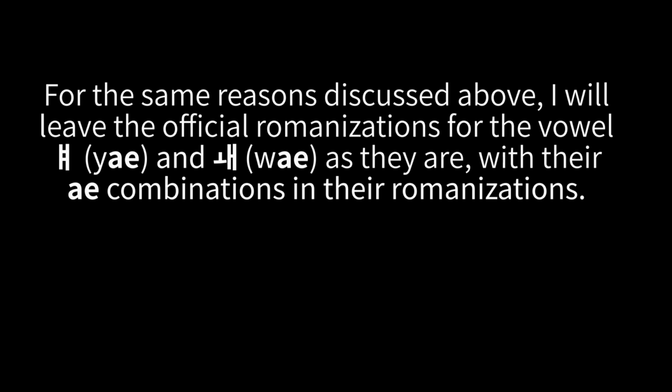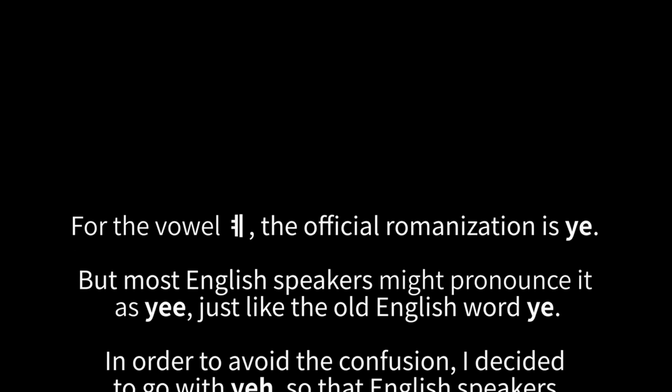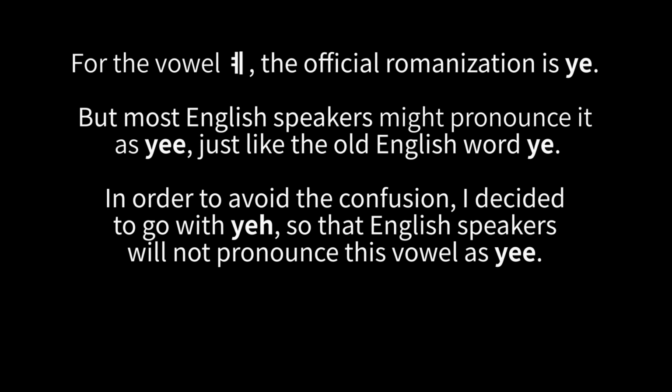Now, for the same reasons discussed above, I will leave the official romanization for the vowels ye and we as they are, with their AE combinations in their romanizations. For the vowel ye, the official romanization is yae.